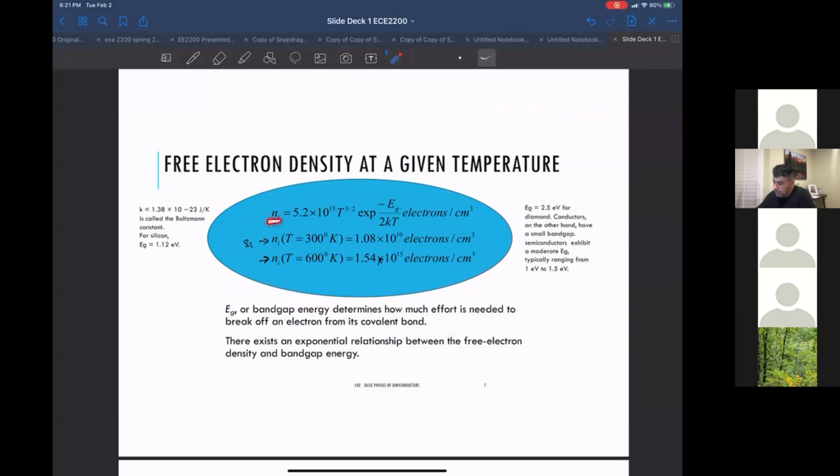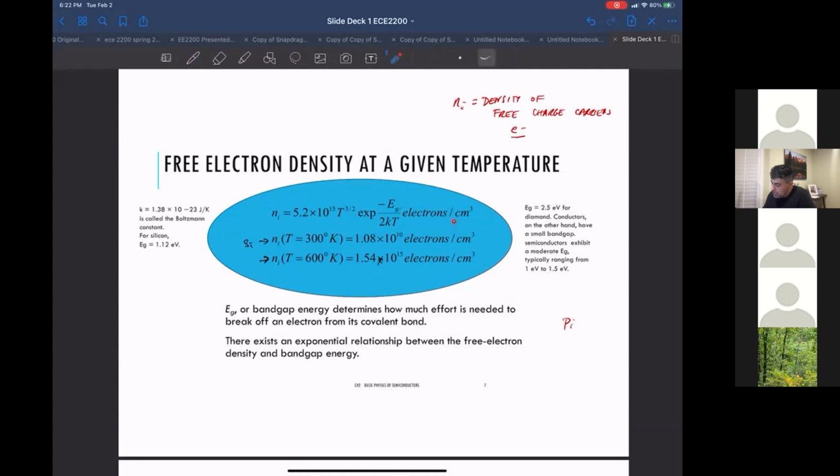So n sub i is the density of free charge carriers. In this case, electrons, and it is usually referred to the electrons. For holes, you'll see it's called p sub i, but let's focus on the electrons now.